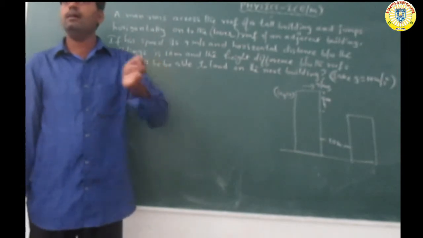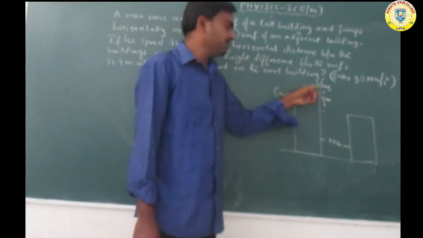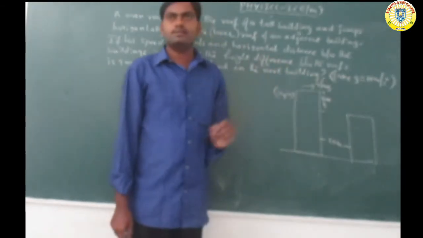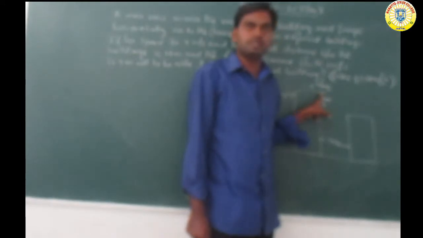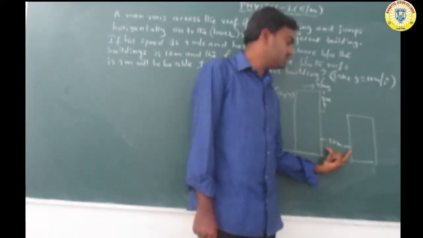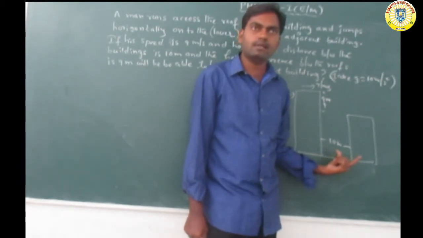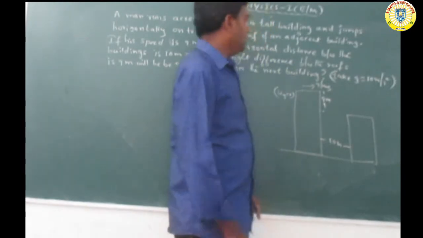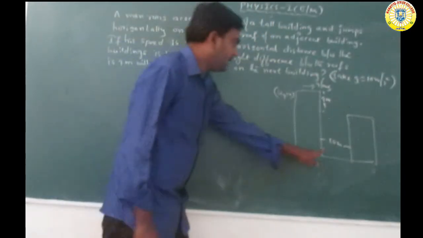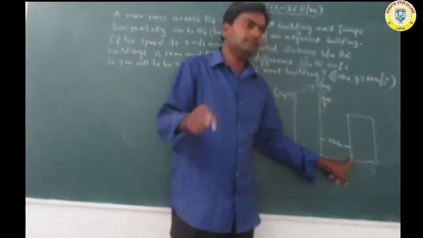So the initial velocity u is 9 meters per second, the difference between the two roofs is 9 meters, and the horizontal distance is 10 meters. Now, the conclusion is that the distance is greater than 10 meters.